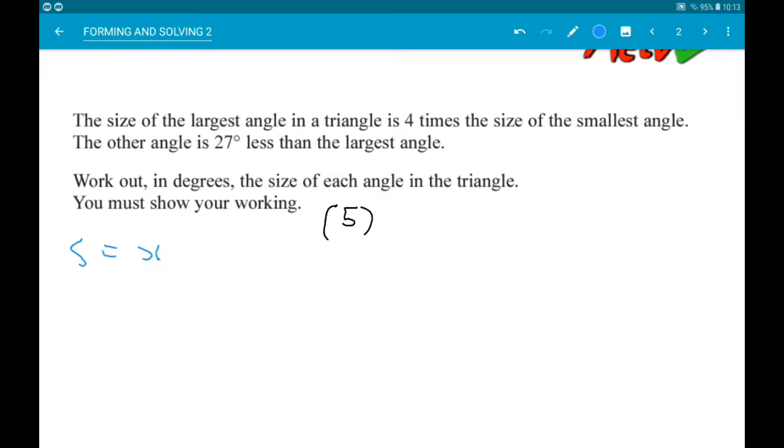Now, if the largest is 4 times that, then the largest is 4x. Now we know the other angle is 27 degrees less than the largest, so I'm going to call that M for middle or medium. If that's 27 degrees less, that's 4x minus 27.